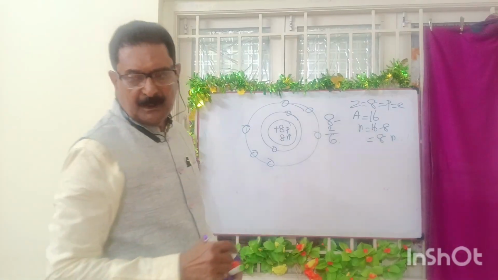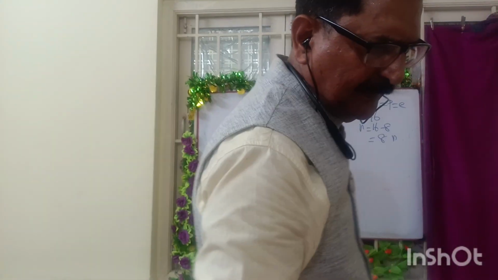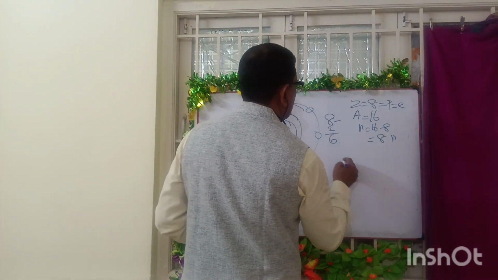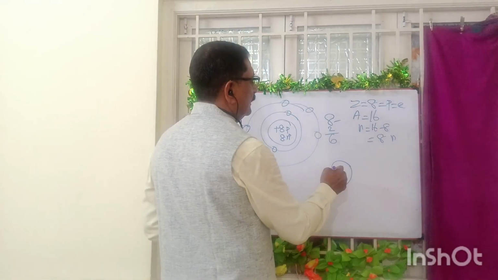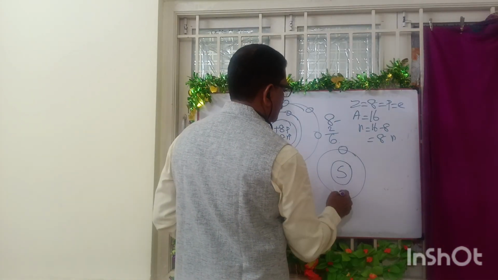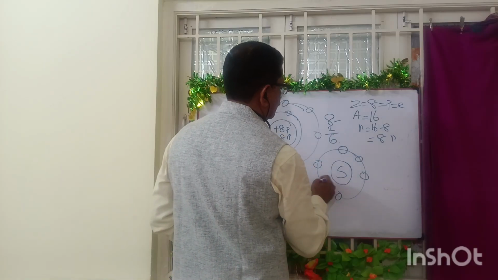In the same way, after oxygen comes sulfur, selenium, tellurium. Only sulfur is important for us. So we can represent it in this way, which includes the nucleus and the inner orbits. The outermost orbit of sulfur also contains 6 electrons, 4, 5 and 6.